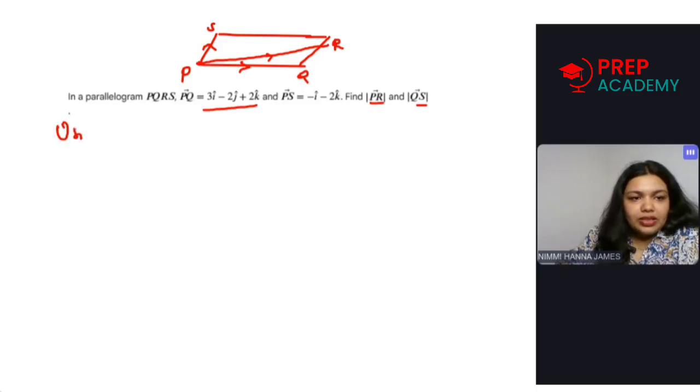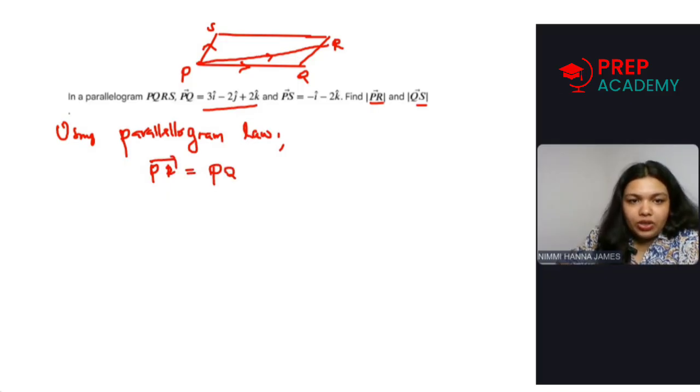So using the parallelogram law, we have PR vector is equal to PQ vector plus PS vector. PQ is this, PS is this.